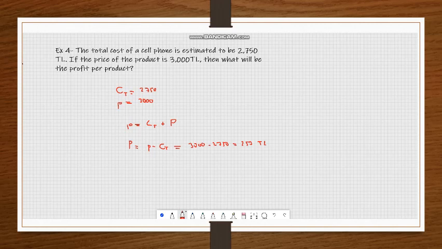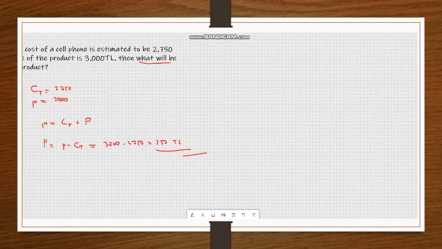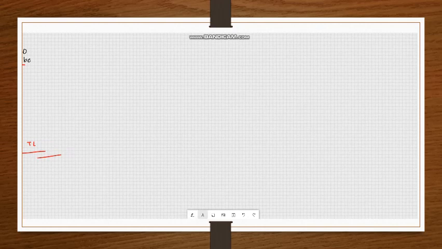Why are we doing this basic question? Because I didn't ask what will be the percentage of the profit. I asked the profit. Profit is already given as money, which is 250 Turkish lira. So you guys are getting used to the question types. Let's write the last question and then let's finish for this week.